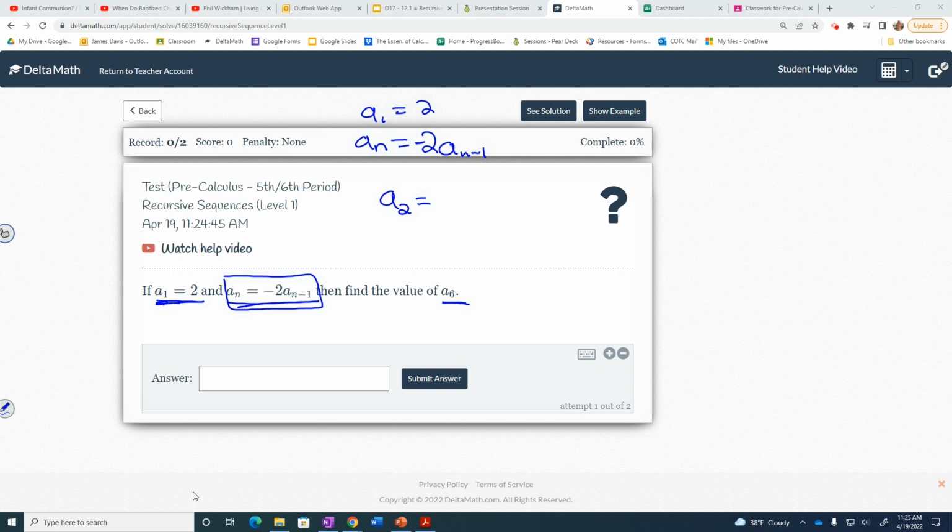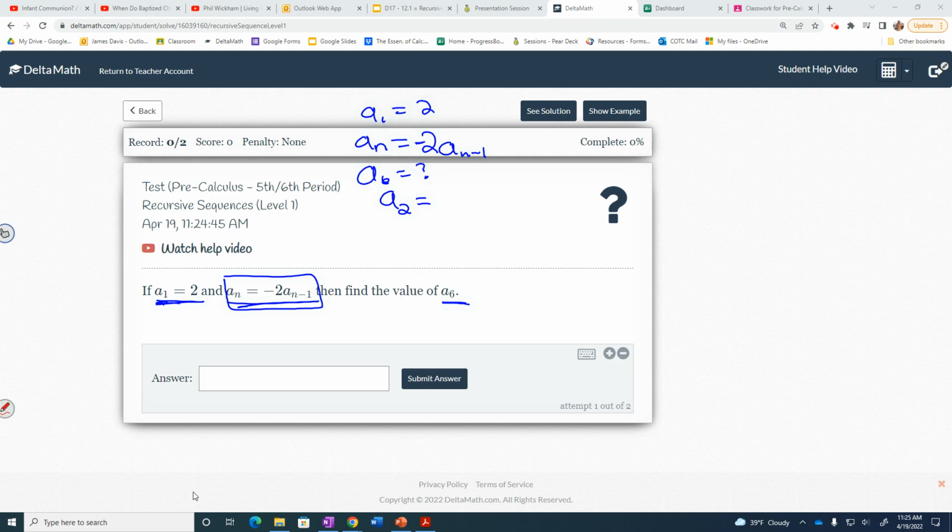So this is what we're given, and we're asked to find a sub 6. Well, in order to get a sub 6, we can't just jump to a sub 6, because we have to work our way up, right? Each term depends on the previous one. So let's start with a sub 2.